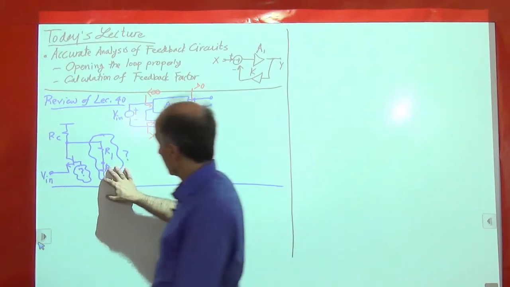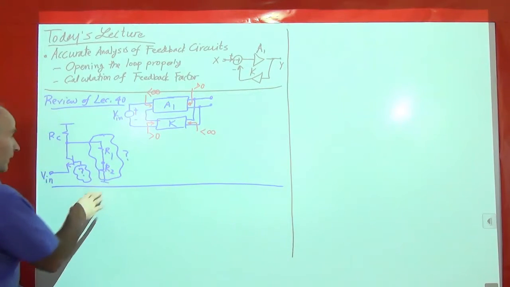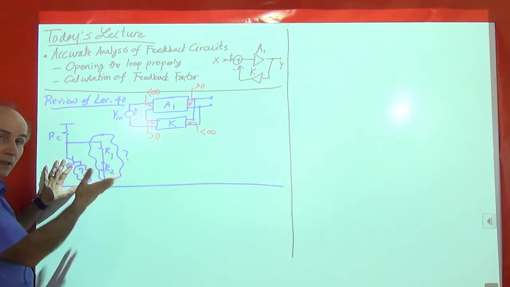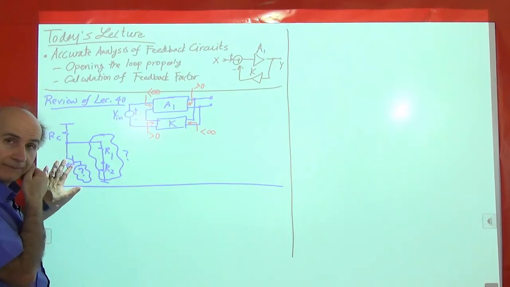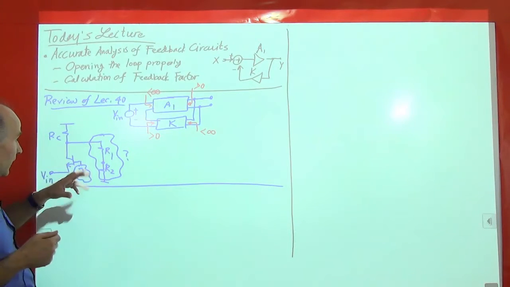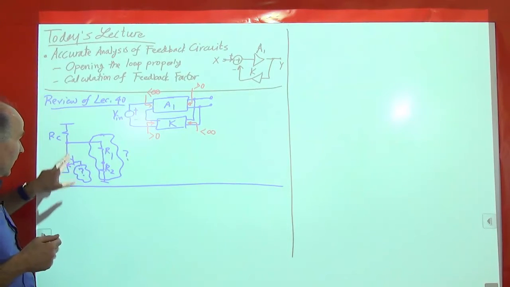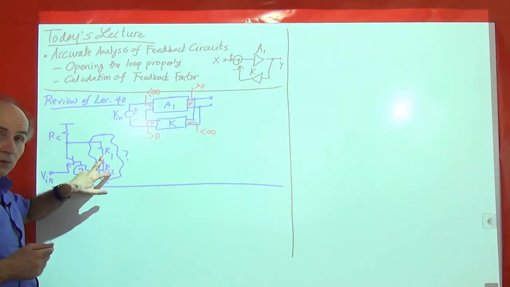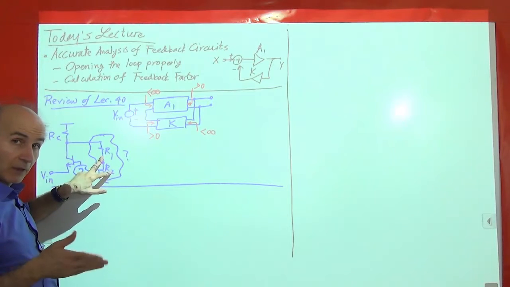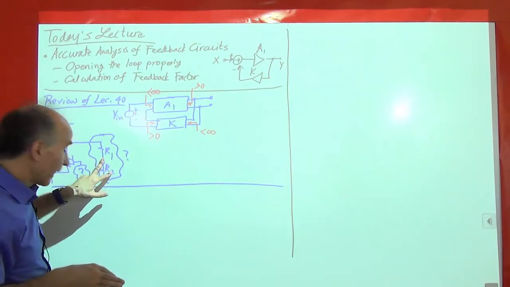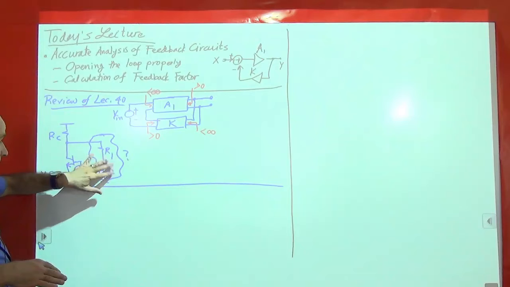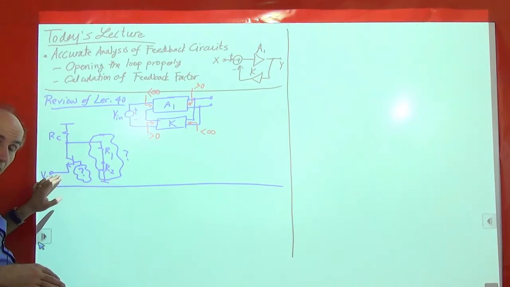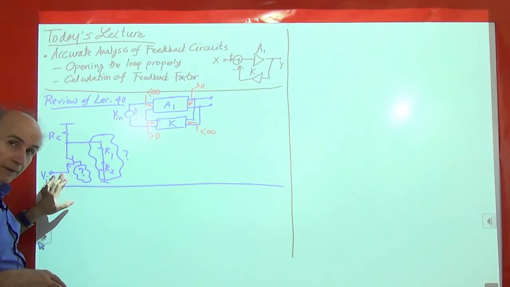As an example, we looked at this amplifier, and we saw that when we want to open the loop, we have this R1 and R2 here, and we don't know what to do with it, right? We expect that because some of the output current of the circuit flows through RC and these two, they should have some effect on the open loop gain, and also because they appear in series with the base, they should also affect the input impedance of the open loop circuit.